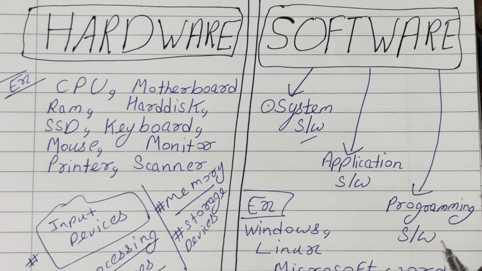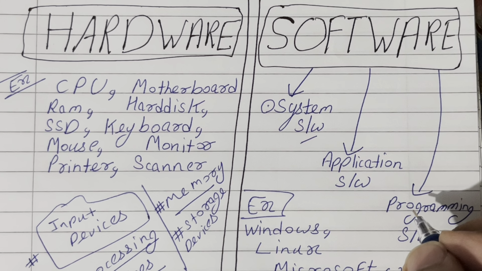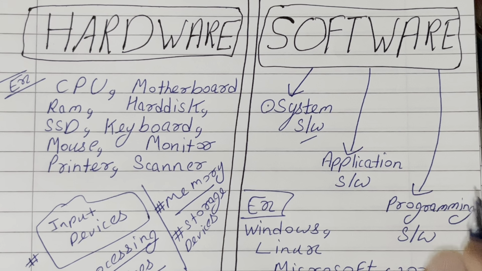Guys, programming software consists of tools which help the programmers to create, test, debug and maintain the software, and it provides programmers with the necessary tools and environment to write programs using programming languages. If we talk about its examples, they can be IDE.